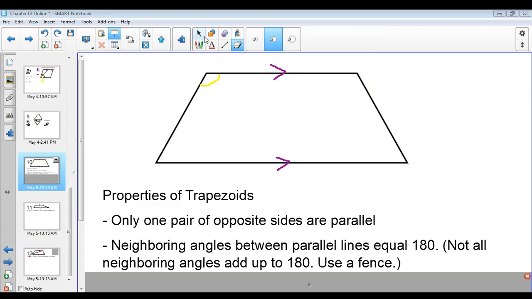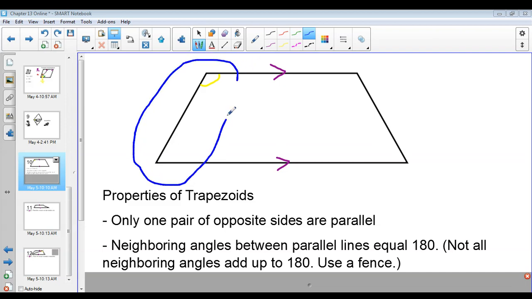So when we say neighboring angles between parallel lines, we mean here's a parallel line, here's a parallel line. In between those parallel lines, we're talking about those angles that are right over here. These are the neighboring angles that we're talking about. This one over here and this one over here.